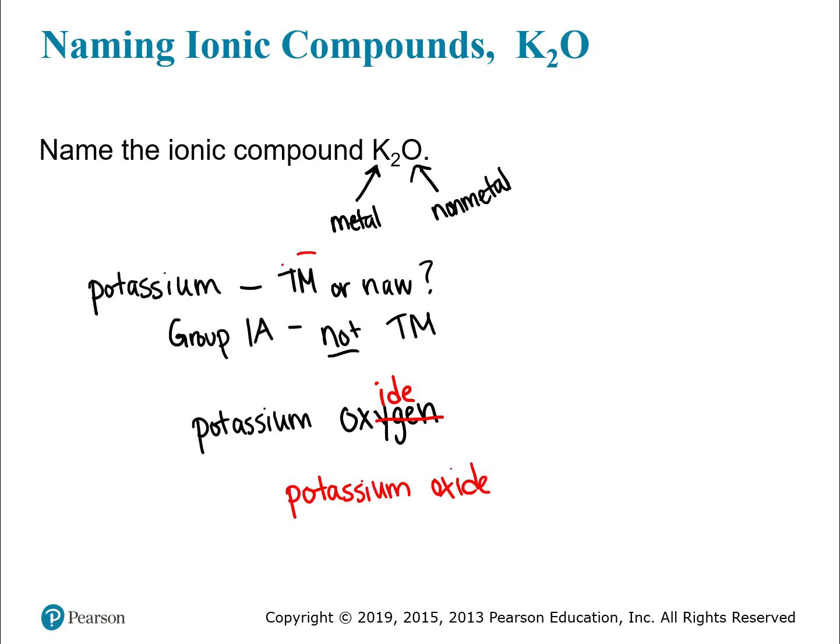The crucial step that you don't want to miss is figuring out whether you have a transition metal or not. And if you do have a transition metal, is it an exception or is it a metal that will form multiple ions?